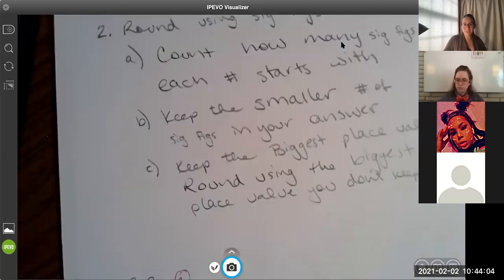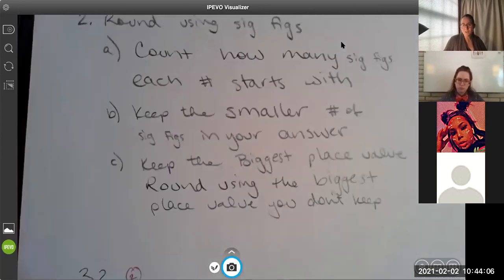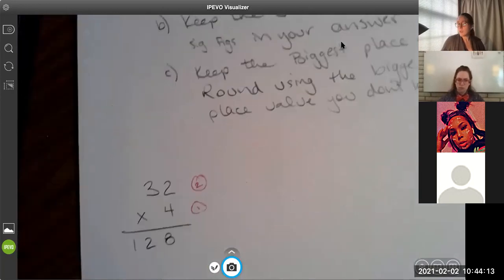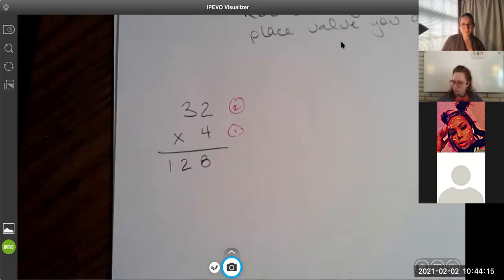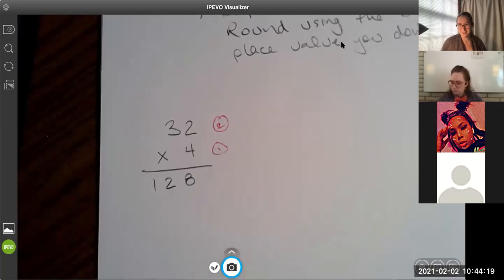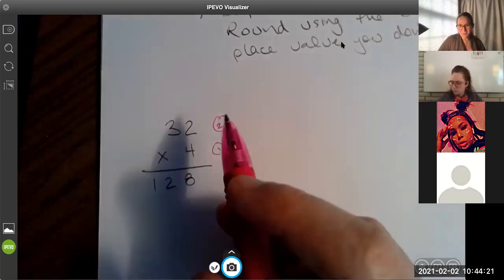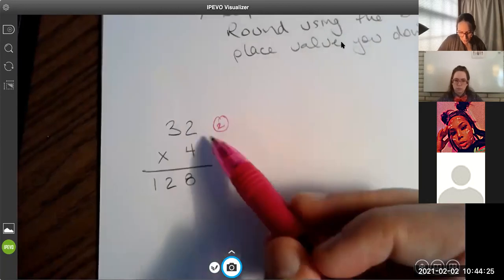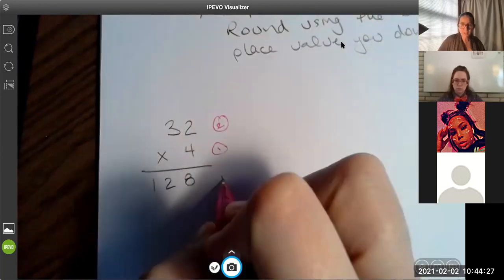Count how many each starts with. Keep the smaller number of sig figs in your answer. Between 2 and 1, 1 is smaller. Don't overthink it. You've got 2 numbers, 2 and 1. 1 is smaller. You're going to keep 1 sig fig in your answer.